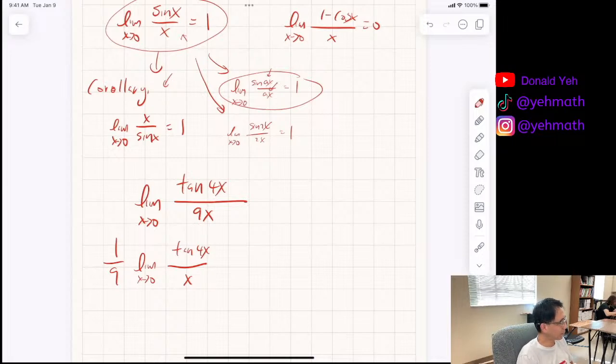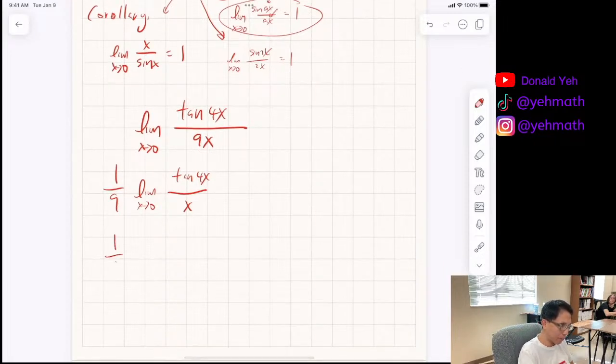Now, what is the first trig limit? The first trig limit says the limit of sine of x over x. Do we have sine anywhere here? Inside the tan, right? So tan of 4x is sine of 4x over cosine of 4x, times 1 over x.